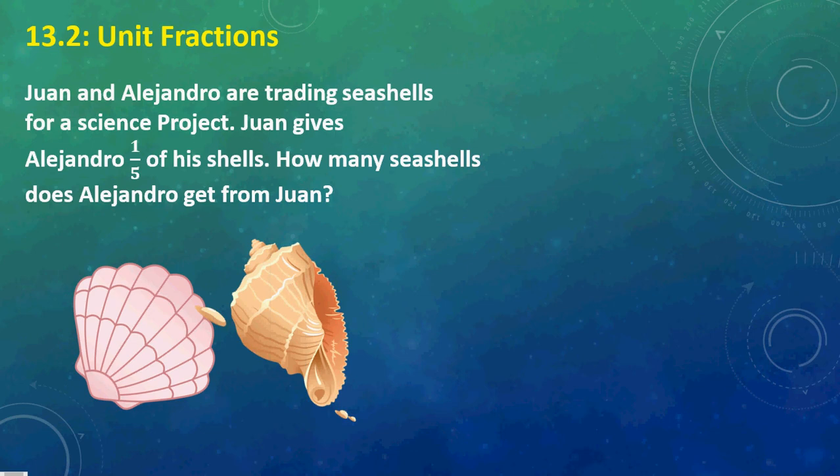Okay, so Alejandro and Juan were trading seashells for a science project. Juan gave Alejandro 1/5 of his shells. The question is, how many seashells does Alejandro get? O cuántas conchitas obtuvo Alejandro. Okay, pero para esto, for this, we need something else.